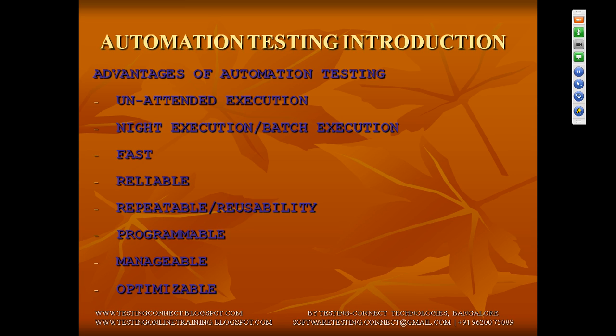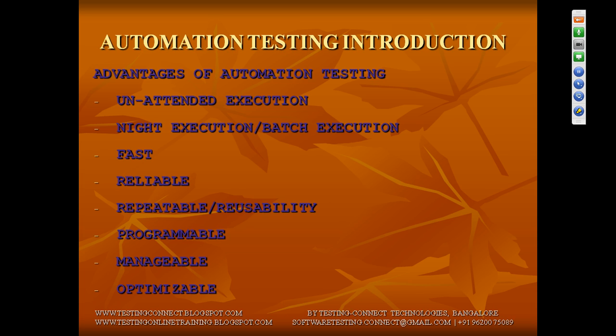So while implementing a framework you have to keep in mind that if your application is optimizing and your application requirements are changing, your framework also should be optimizable in such a manner. So that is nothing but automation optimizable. Your application is changing from time to time, so your automation framework also should be optimizable in such a manner.